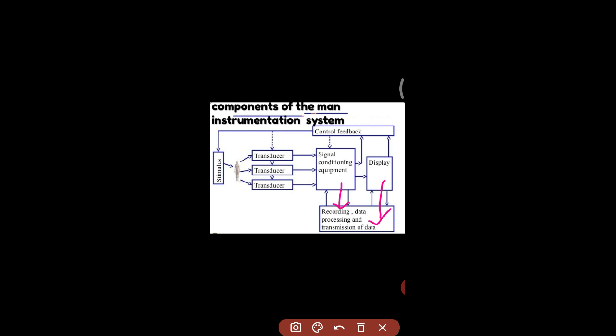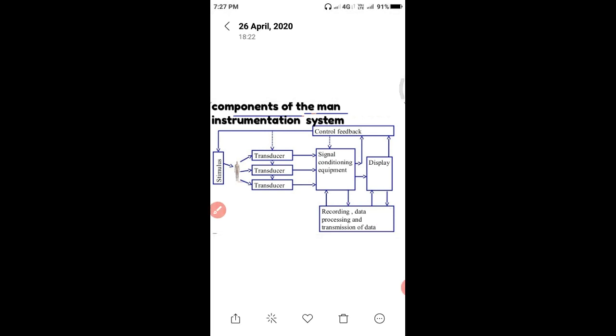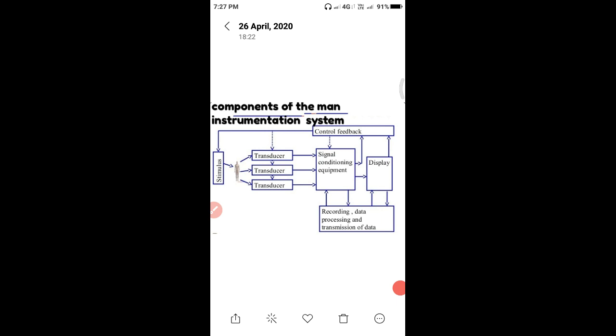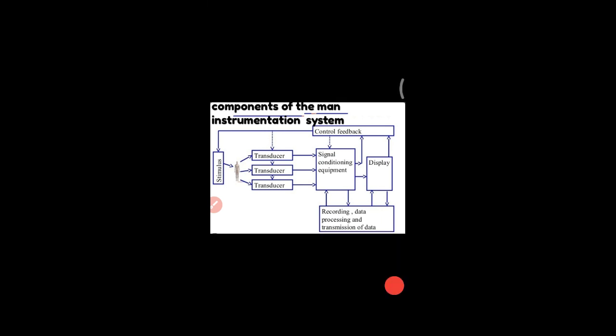If, for example, there is any problem in the physical body, how can you control it? We can use the control loop. What is the control loop? That is the control feedback loop. The display output is connected to the control, as well as the signal conditioning output is connected to the control feedback.